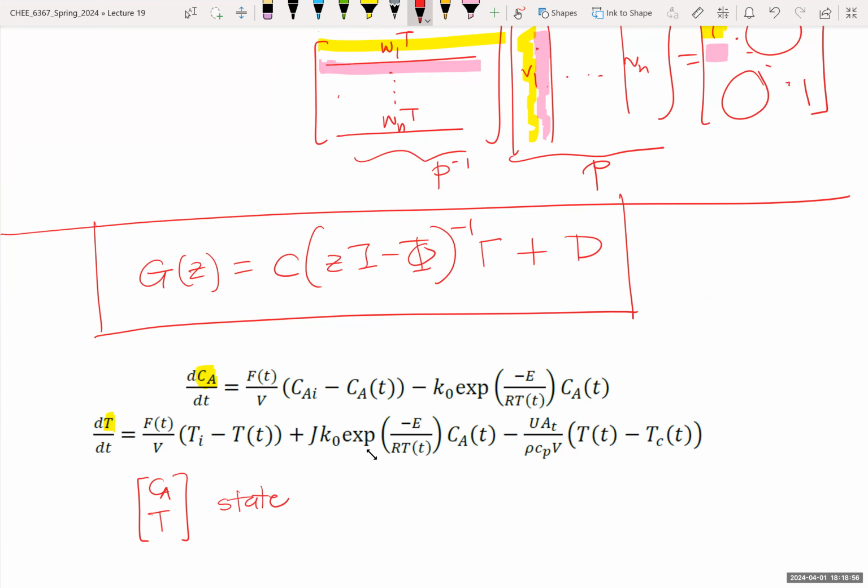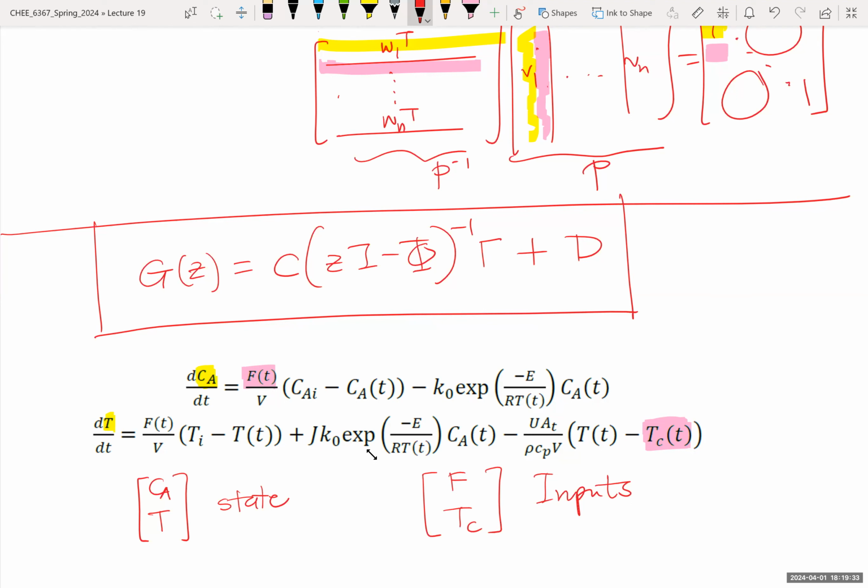Inputs to that system may be, let me use another color, F, the flow rate, and the coolant temperature, that would be another input. So here I'm going to put these as the inputs to the system. So F and TC.